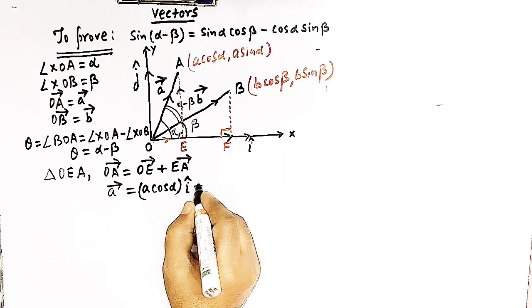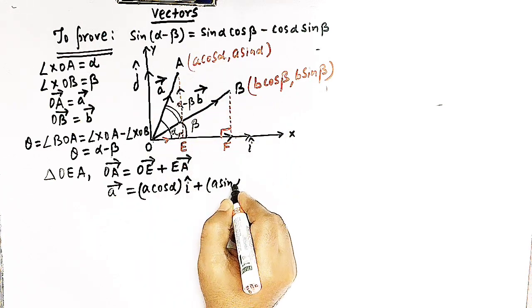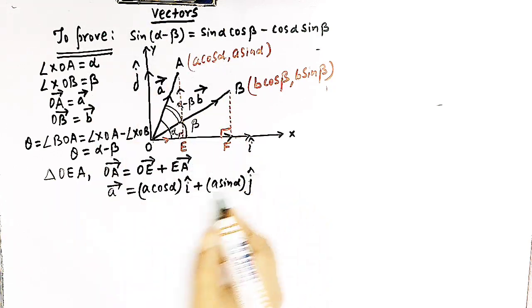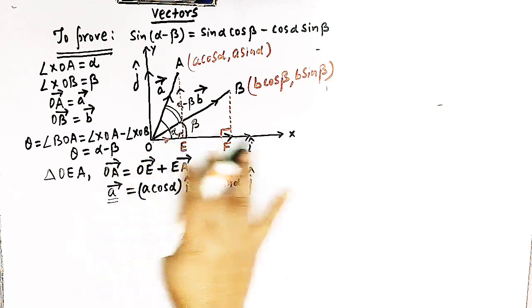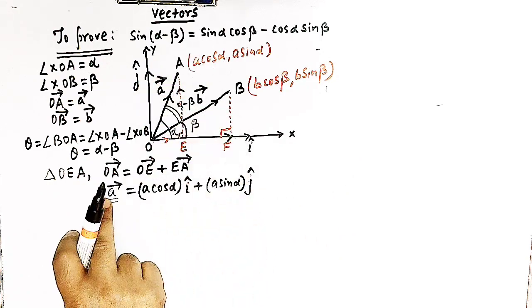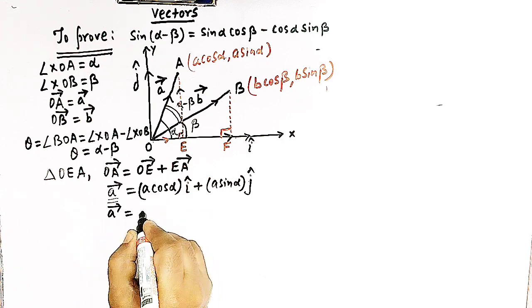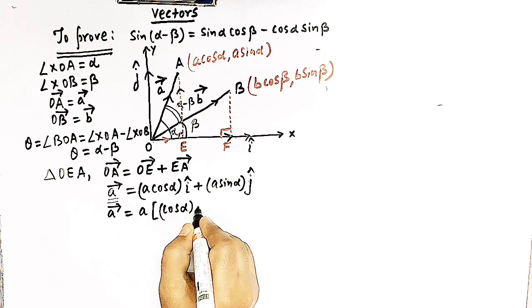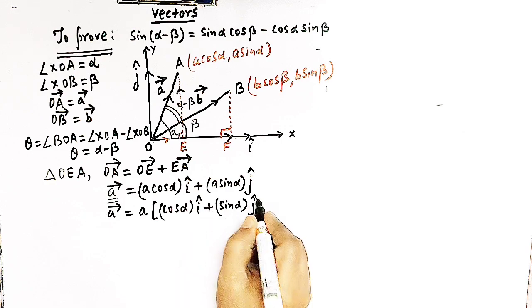So here we have I cap, and EA is given by A sine alpha, and this is along the y-axis. So here we have J cap, right? So this is the component of vector A along x-axis, and this is the component of vector A along y-axis. So we can now write vector A is equal to A times cos alpha I cap plus sine alpha J cap, right?